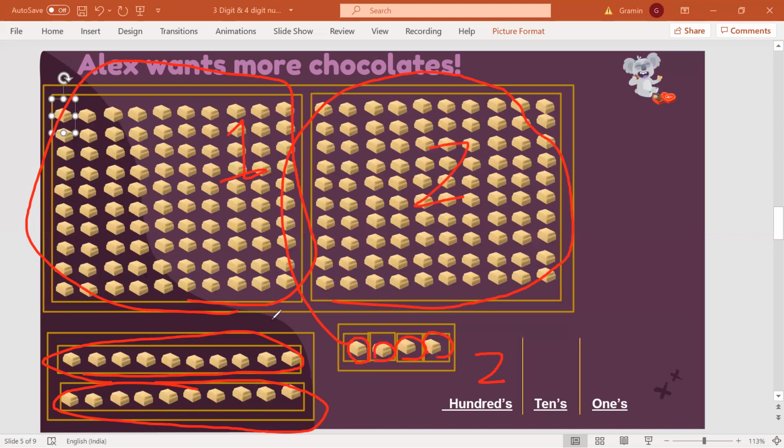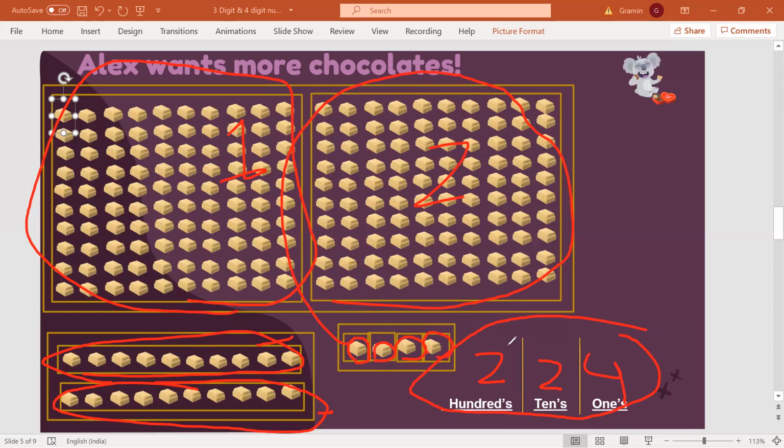In the tens box, how many groups of chocolates are there? First group and second group. So there are total 2 groups, right? And in the ones box, how many groups of 1 chocolate are there? 1 group, second group, third group, fourth group. So total 4 groups. So the number at ones is 4. So what is the final number that you are getting? The final number which you are getting is 224.